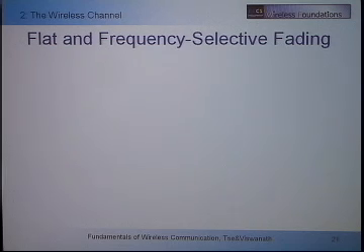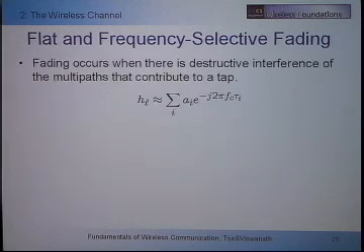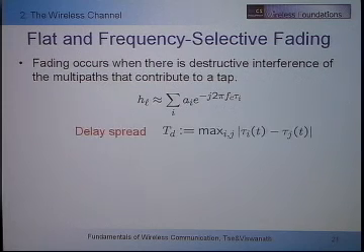Because of bandwidth limitation, you cannot resolve paths, and therefore paths can cancel each other. Canceling each other is essentially the same as saying you have destructive interference between two waves that arrive π out of phase. All right, so that's the number one point: fading occurs from destructive interference of multipath.